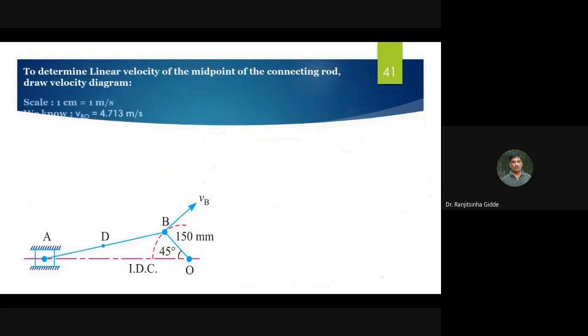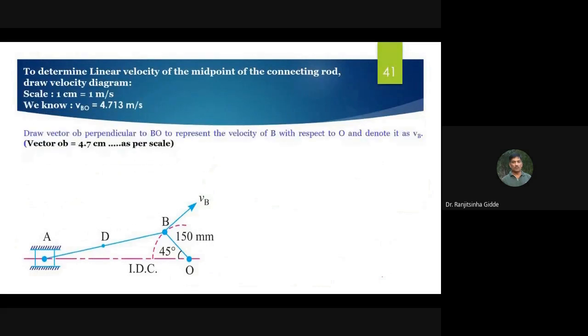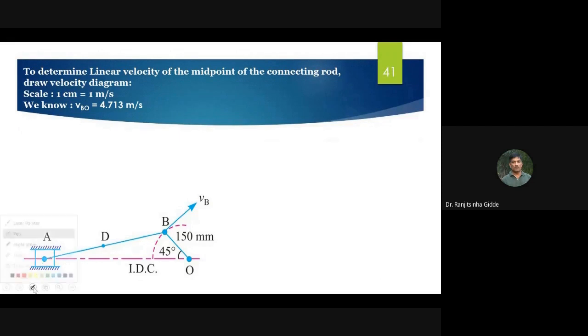Then for determining the linear velocity of the midpoint of the connecting rod, we need to draw the velocity diagram. Based on the value 4.713, we have selected the scale 1 centimeter is equal to 1 meter per second. So this is the velocity diagram as shown on the slide.